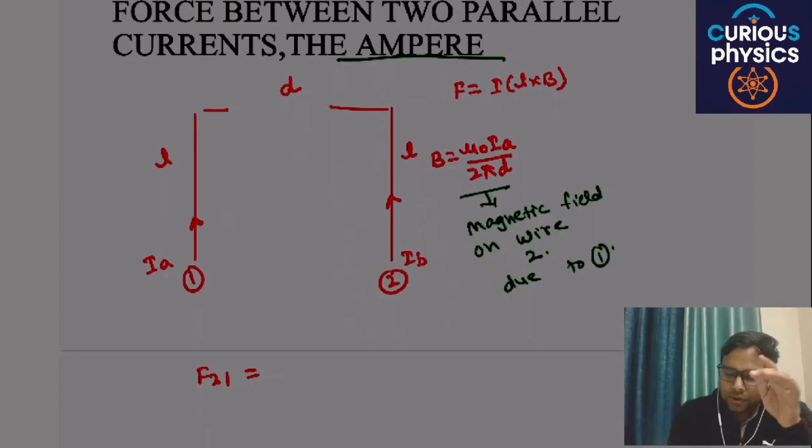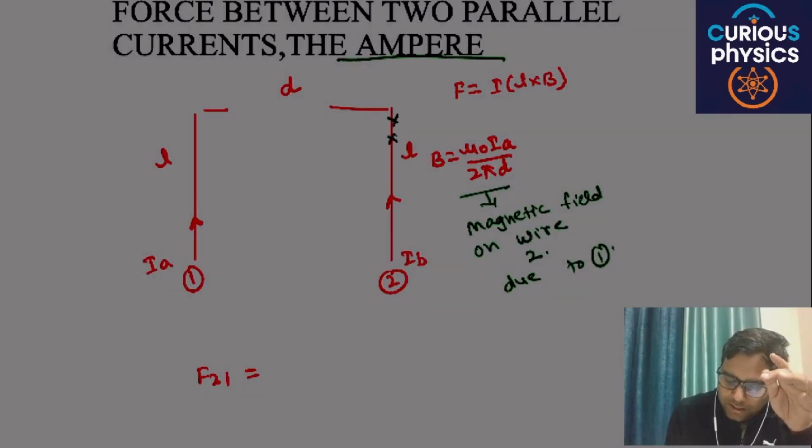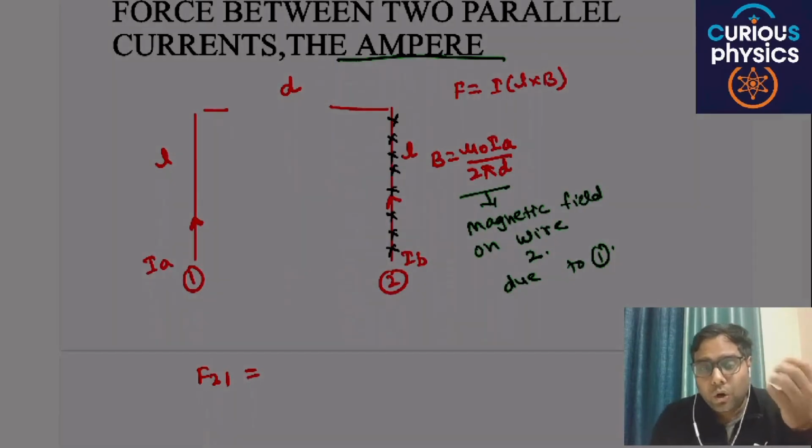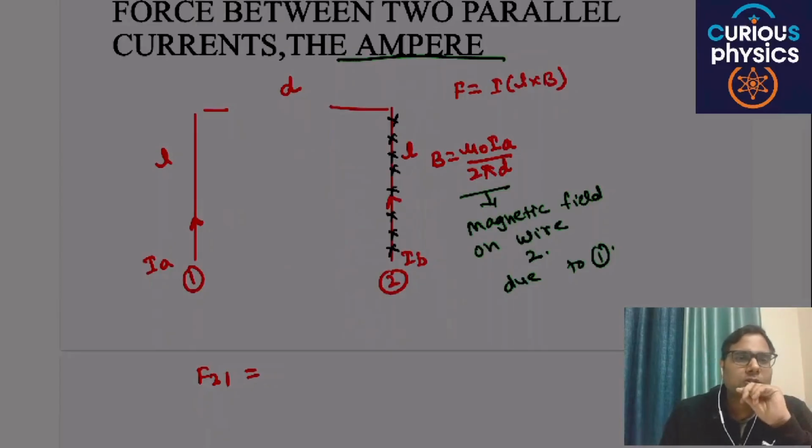So in this wire, the magnetic field will be in this direction, that is, away from you, or inside the paper.